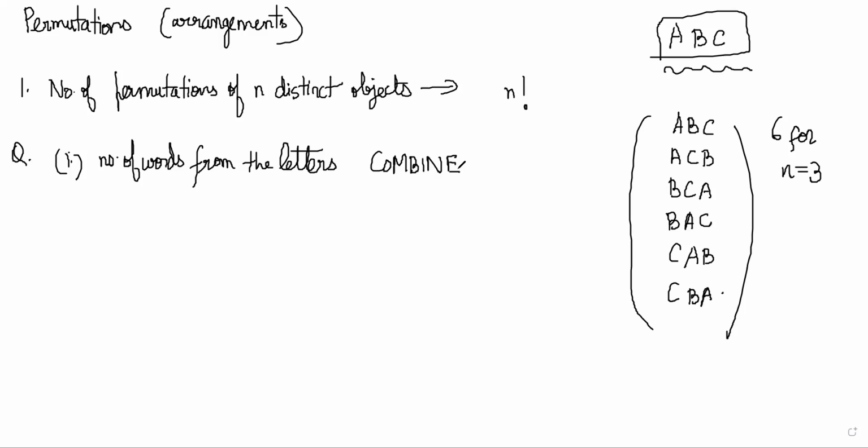So there are 7 letters here, and all the letters are distinct from each other, right? 7 letters, all of which are different from each other. The number of new words that can be formed is 7 factorial, right?